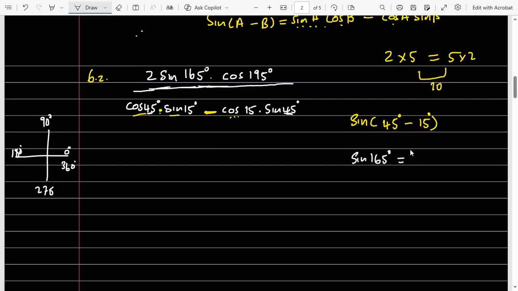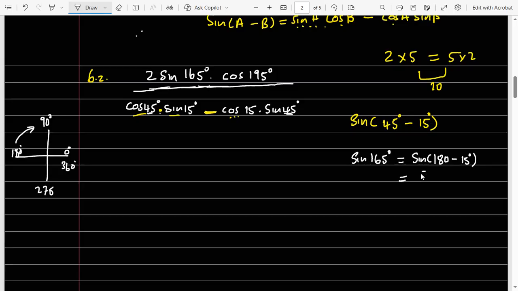So if it's in quadrant 2, how do I move from 180 to 90? I subtract. So I can write this as the sine of 180. What can I subtract from 180 to get 165? I need to subtract 15 degrees. Now you ask yourself, how is sine of 180 minus 15 in quadrant 2?